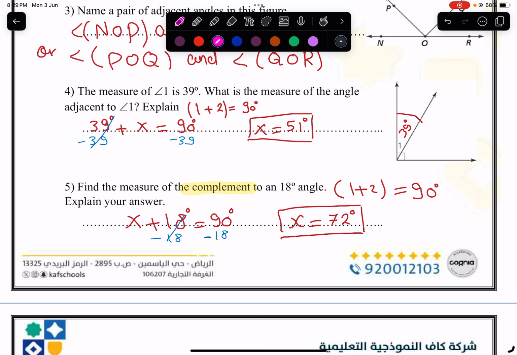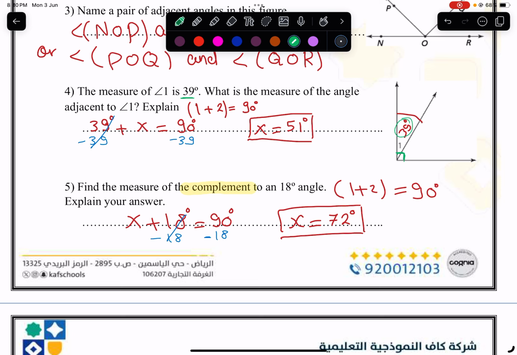Look, we have a small square here. So automatically, the total angles in this shape equal 90. Measure of angle 1 is 39. What is the measure of the second angle? We know the total is 90.